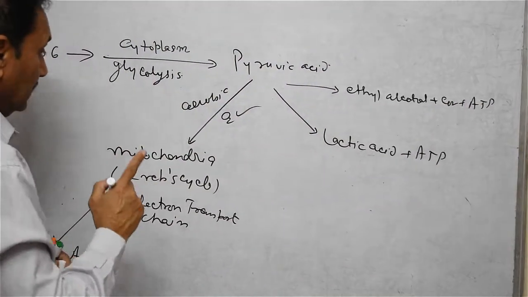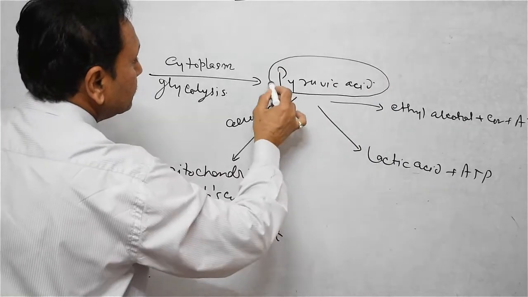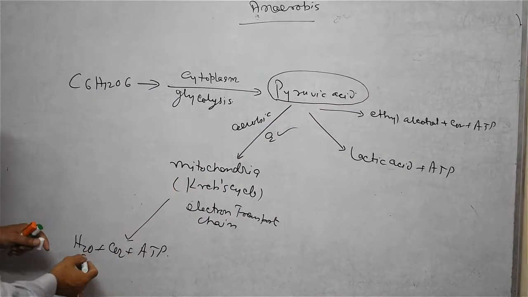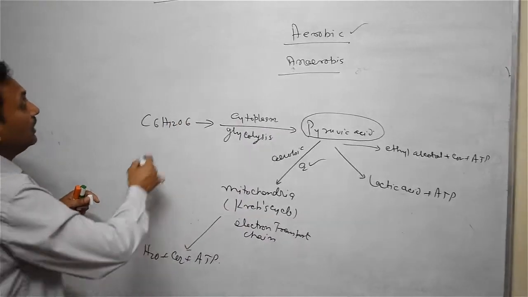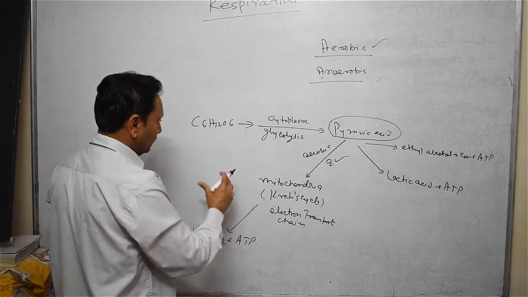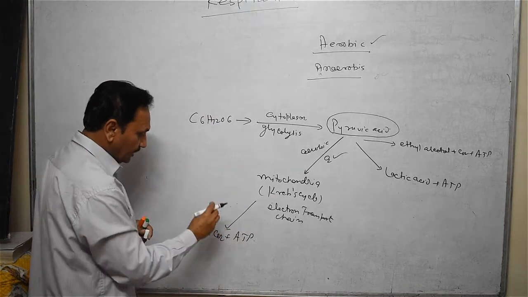Just observe that the organic compound is completely broken down into H2O, CO2 and ATP released. This is all about aerobic respiration, and during aerobic respiration we have observed the complete breakdown of the organic substance into ATP.